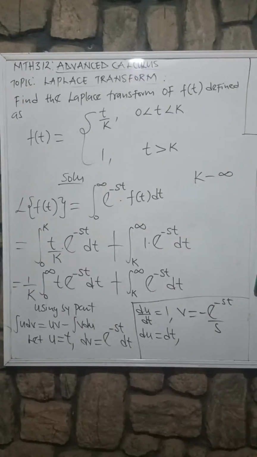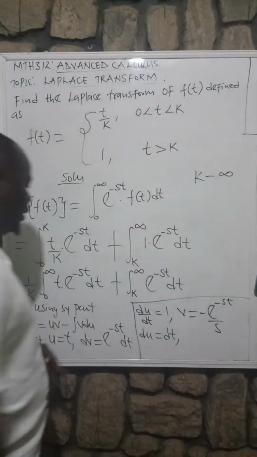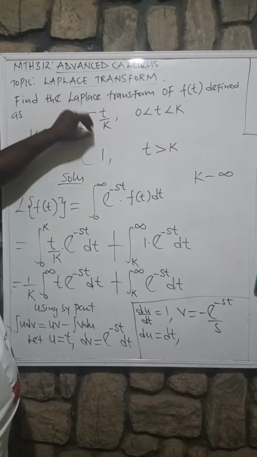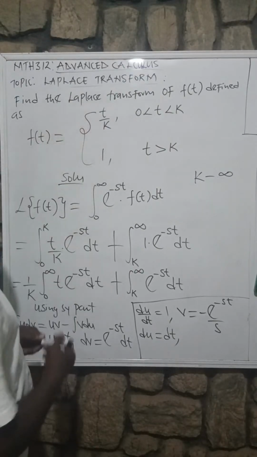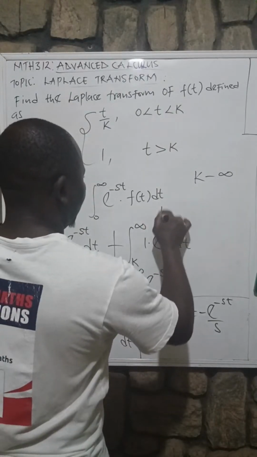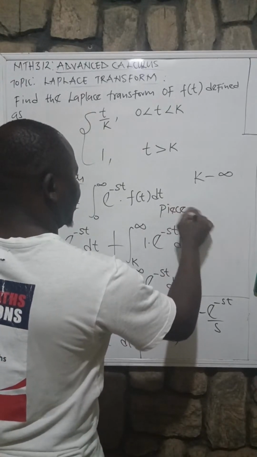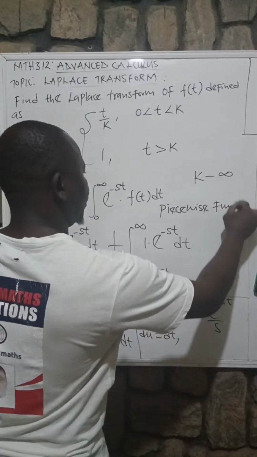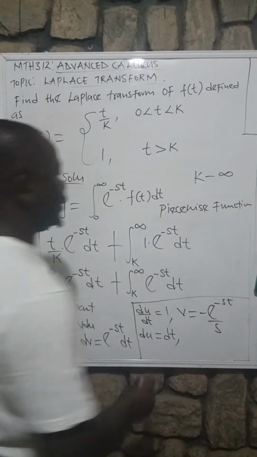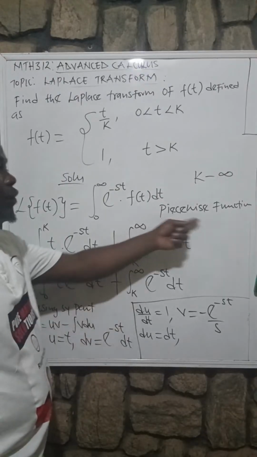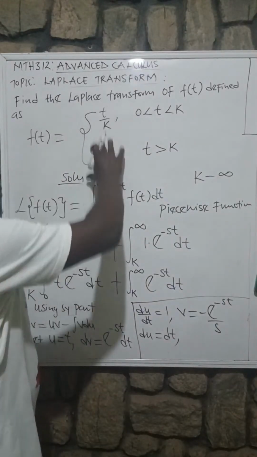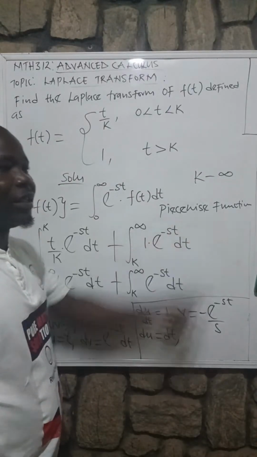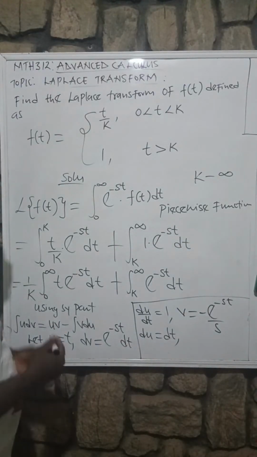Okay, what I'm trying to say is this: we call it a piecewise function. You are supposed to have been taught this earlier. Whenever you come across a function of this form, it is known as a piecewise function. Is that clear?